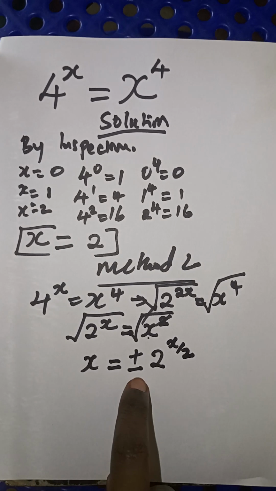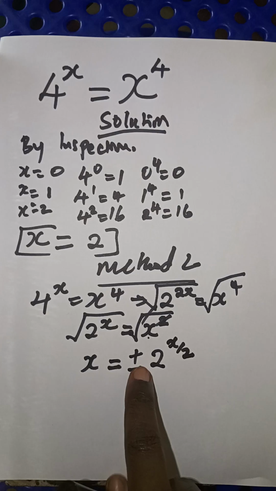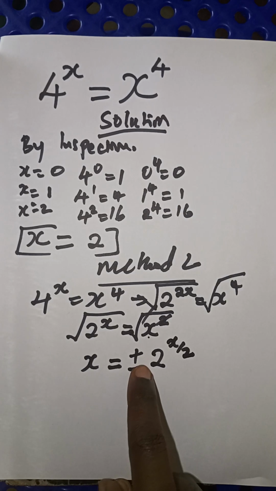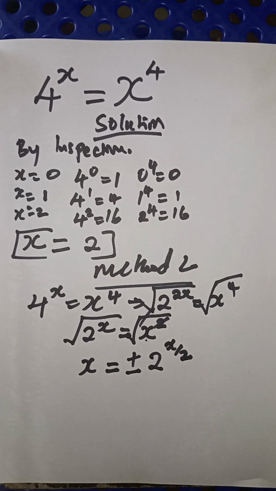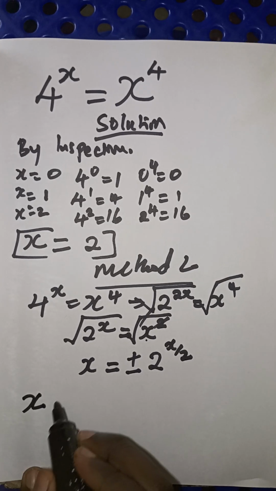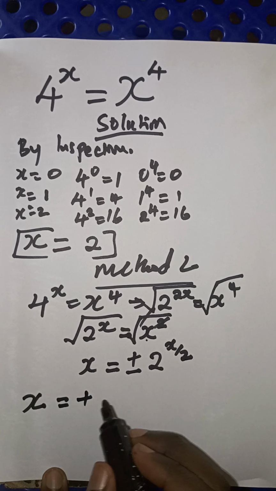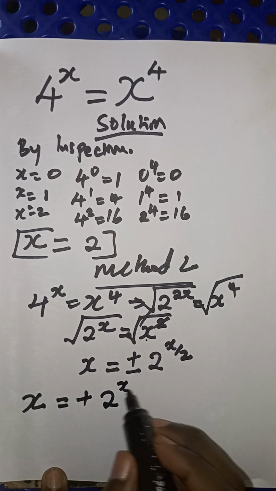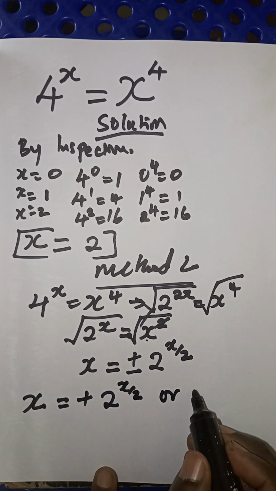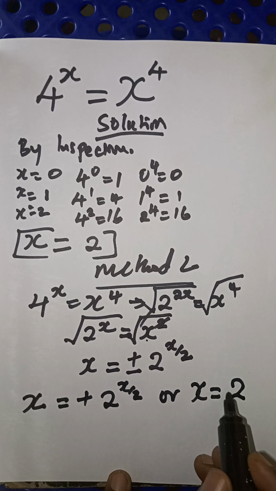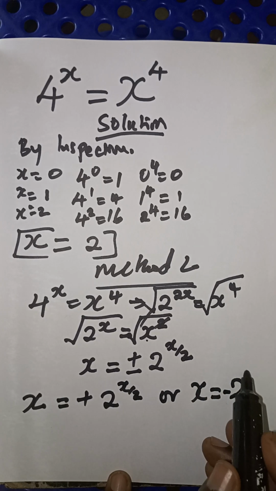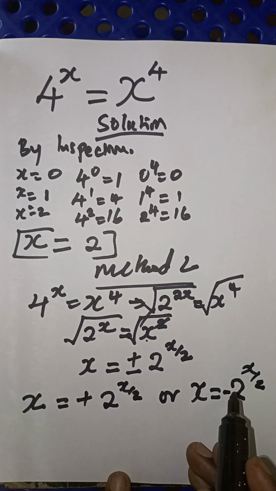So here it tells us that the output can either be positive or negative. That is what we want to compare. So the value of x is equal to positive 2 raised to power x over 2, or x can either be equal to negative 2 raised to power x over 2.